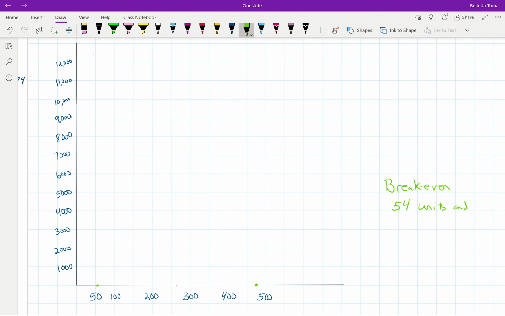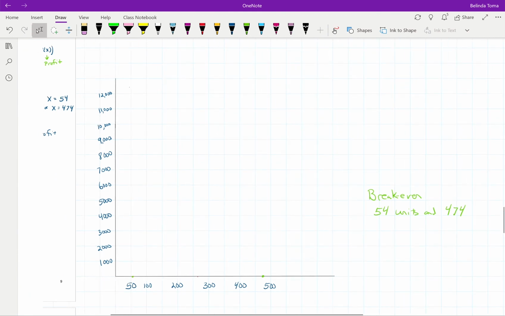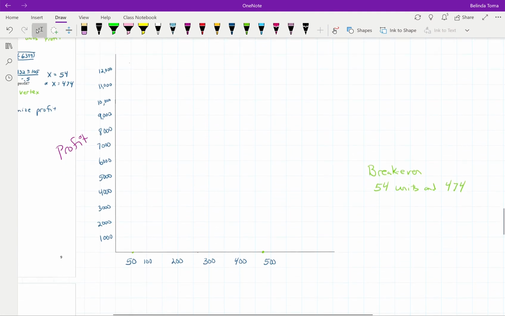So there were two, and again, remember, break even is when we're not making any profit. The profit is our y-axis, and our x-axis is the number of units, because remember, we're putting in units and getting out profit. So the break even is here at 54 and then at 474.